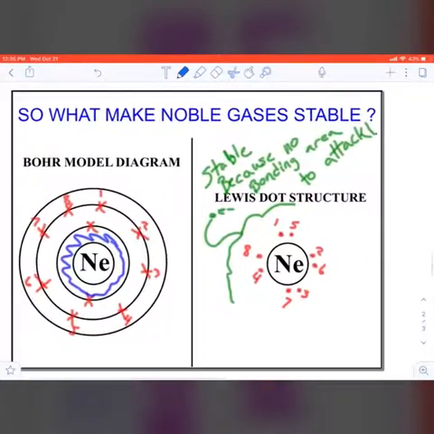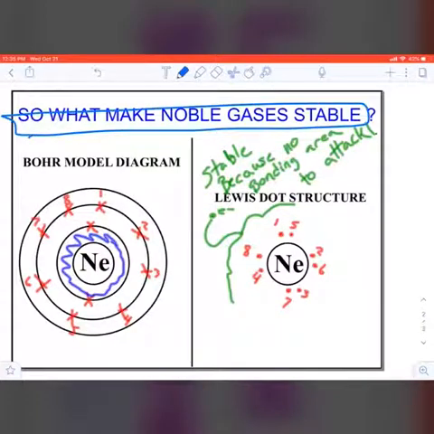So again, what makes noble gases stable? Well, if we go back to neon like we talked about earlier, it has 10 protons, which equaled 10 electrons, which equaled 2, 8.